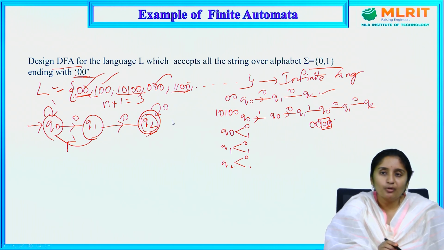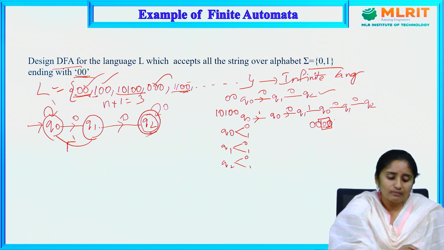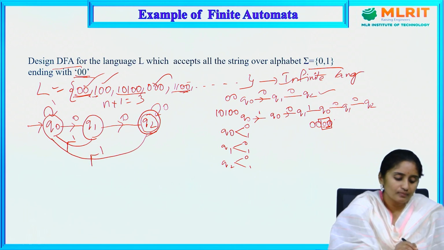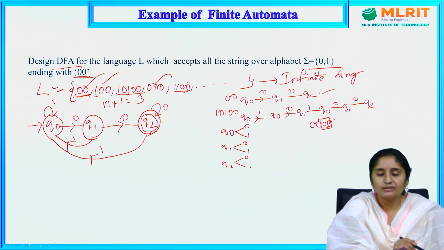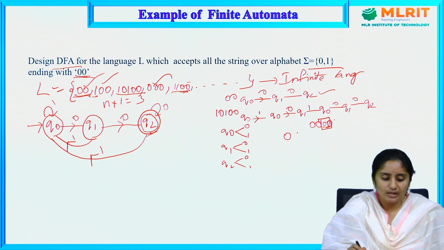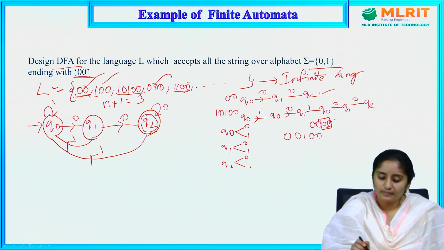So where am I going to do it? If I keep 1, 0 here, can I plot it? Will it work? Q0 on 0, 0, 0, 1, 0. See here, 0, 0, 1, 0 is plotted. It works.